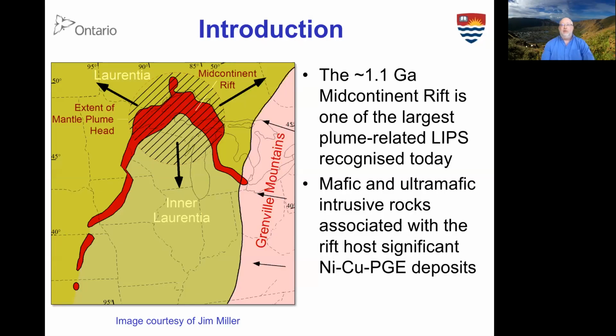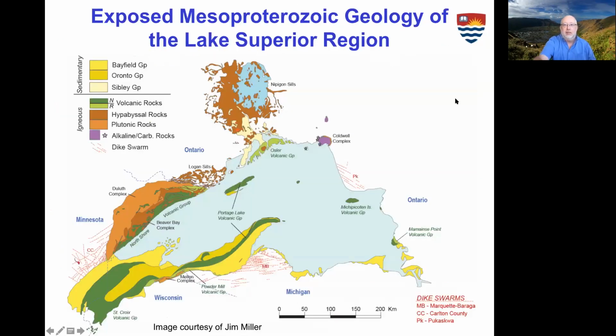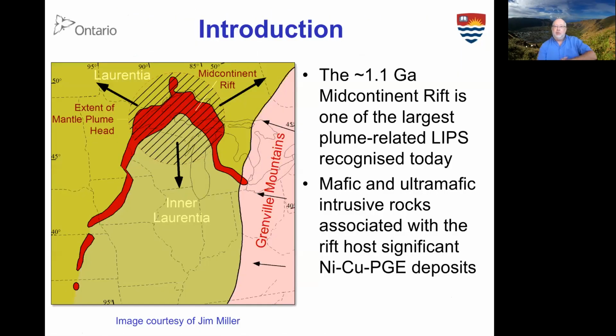All right, so for those of you who aren't familiar with the rift, we're sitting right in the middle of the North American continent. It's a 1.1 billion year old event, widely accepted to be a large igneous province, caused by a mantle plume with mafic and ultramafic intrusive rocks associated with it.